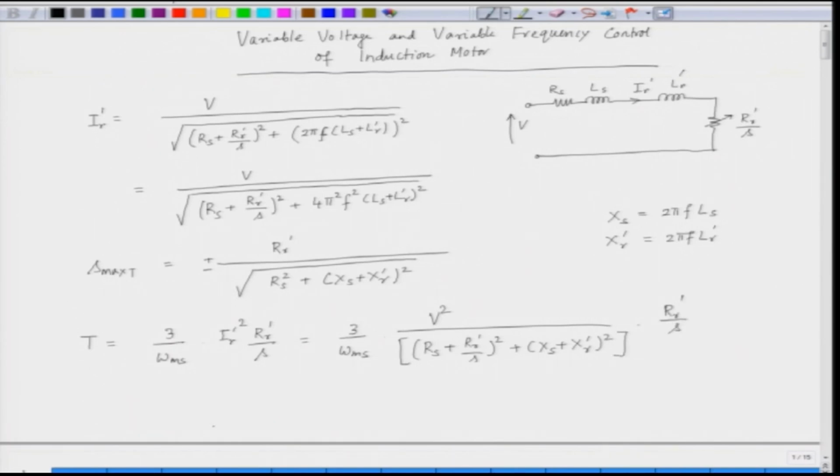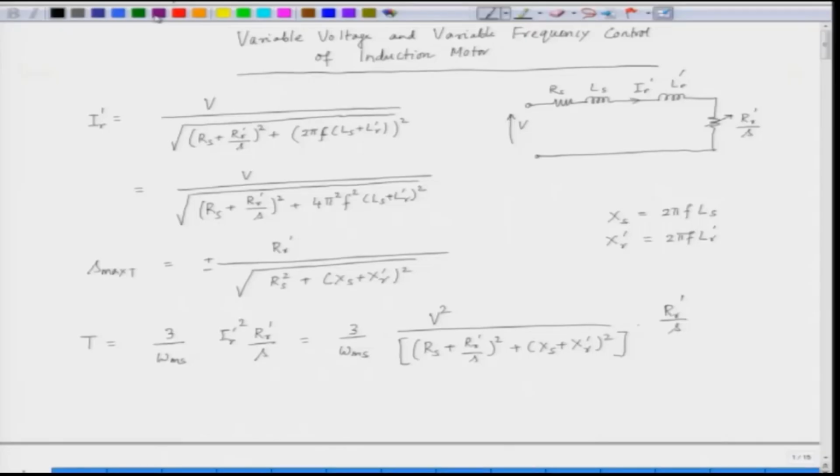Now, what we do? We substitute in the torque equation the slip for the maximum torque. Now, we see that the slip for the maximum torque has two values, one is a positive value, the other is a negative value. Positive value is for the motoring, negative value is for the braking condition or generating condition. So, when we substitute this S max T in this equation and simplify, we get the expression for the maximum torque.